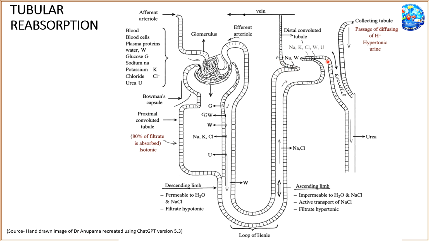Next comes the collecting tubule. Here, the collecting tubule is responsible for the hypertonicity of the urine. You see that diffusion of protons takes place here, thereby contributing to the acid-base balance within the blood.